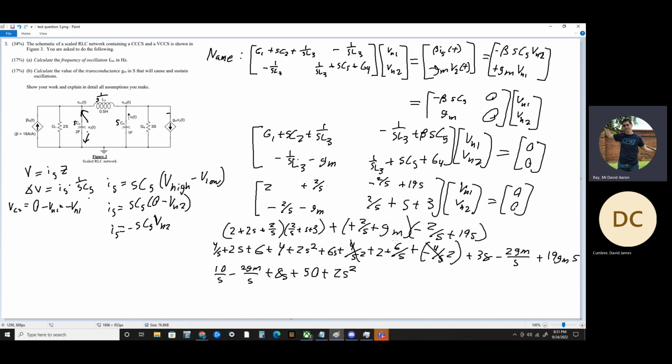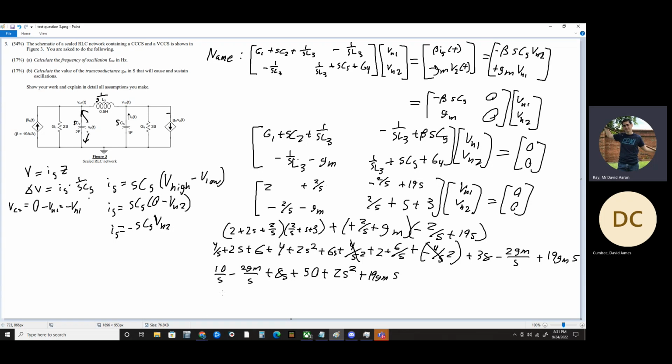So now that we have it here, you'll notice, oh, I think the plus 19 GMS. Oh, wait. Yes, you're right. You're good. So I'm plus 19 GMS. Am I missing anything over here? No. Okay, cool. Yeah. So from there, you'll notice that there's an over S piece.